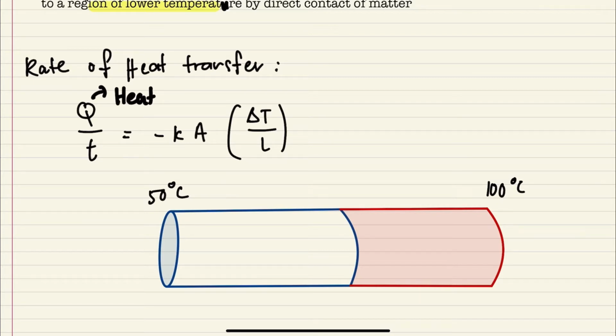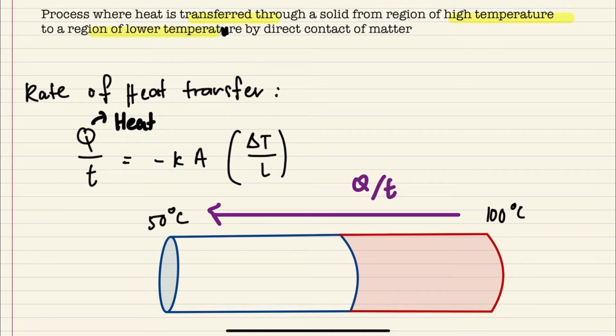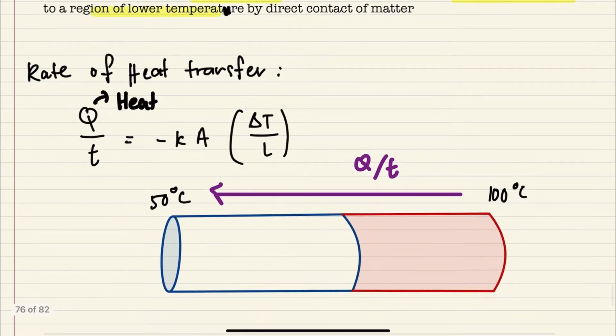If you look back to the initial definition here, the heat will flow from higher temperature to lower temperature. So in this example, we have 100 Celsius and 50 Celsius. So obviously the heat will transfer from 100 to 50. Q over T, so that means our final temperature is 50.